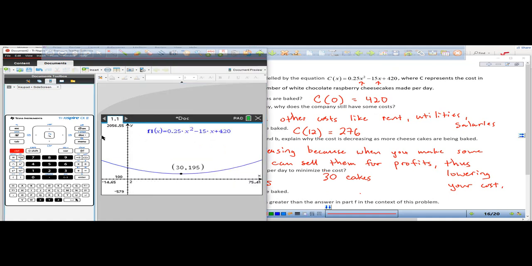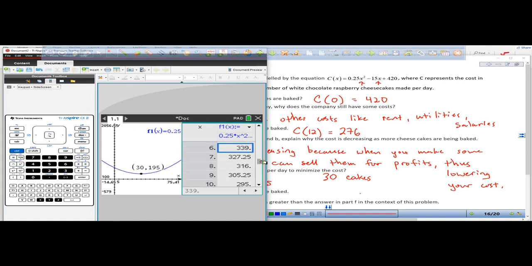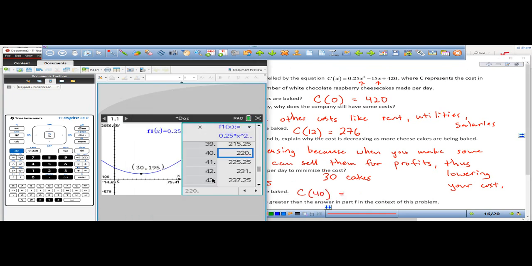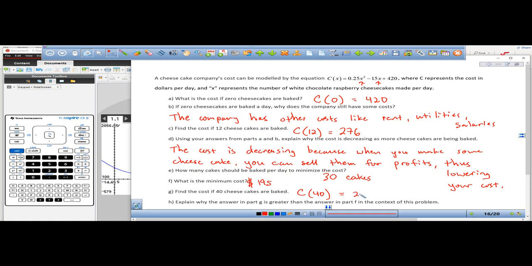I would just go to Control T and scroll down to 40. Oh, we get 40 right here. We get 220. So the cost if 40 cheesecakes are baked is equal to 220.